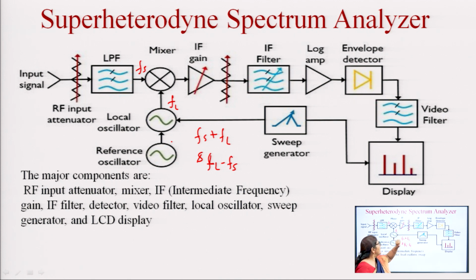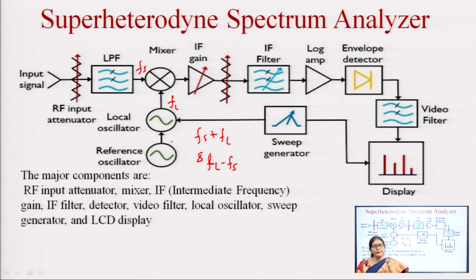Then there is an IF amplifier. The gain of the IF amplifier we can vary. There is a knob provided for the variation of this IF gain, and this IF amplifier has a very fixed band.